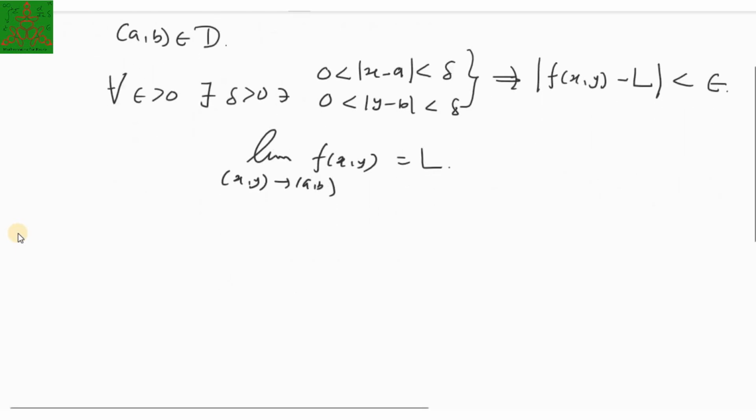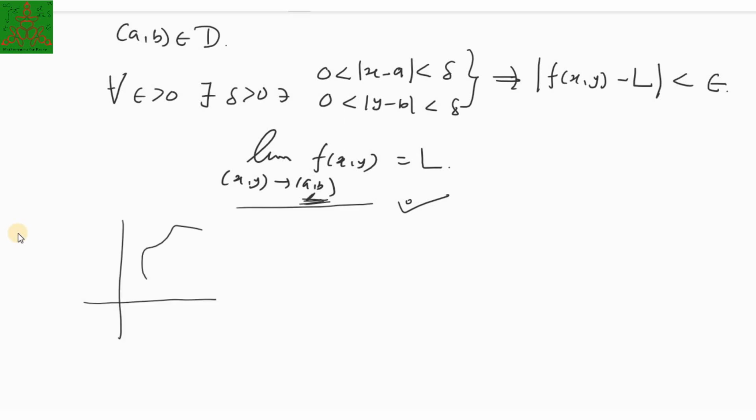With that, we have also shown that if this limit exists, then approaching the point (a, b) is independent of path. If you have this domain D, and there is a point (a, b) in that, and there is a neighborhood, then approaching the point (a, b), if all paths have the same answer for that limit, then we can say that the limit exists.